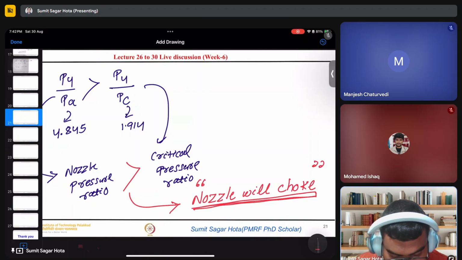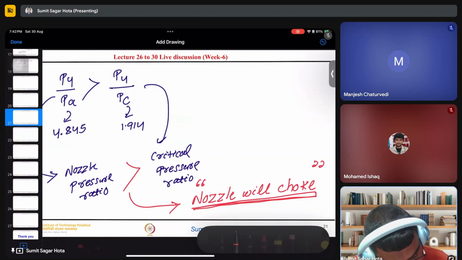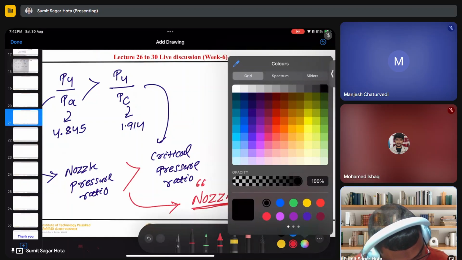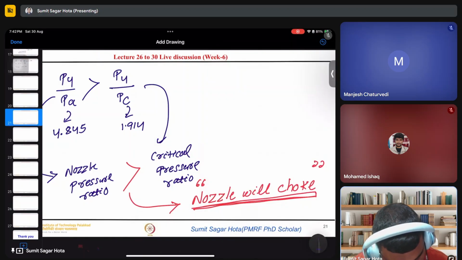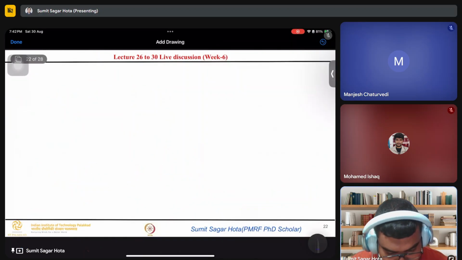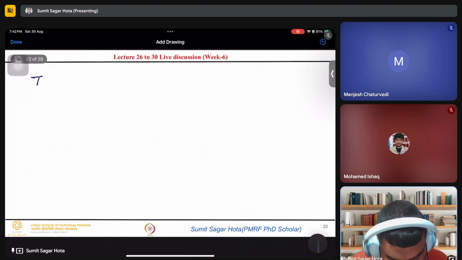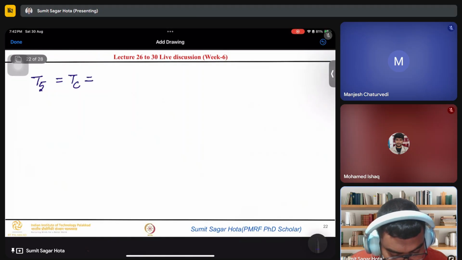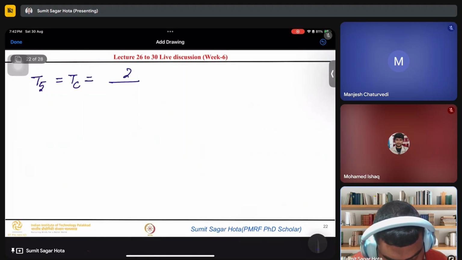So let's find out P5, T5, and all these other parameters. T5 is equal to Tc, the critical condition, which is 2 by gamma plus 1 times T4.